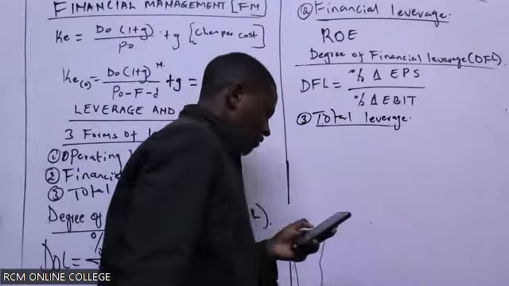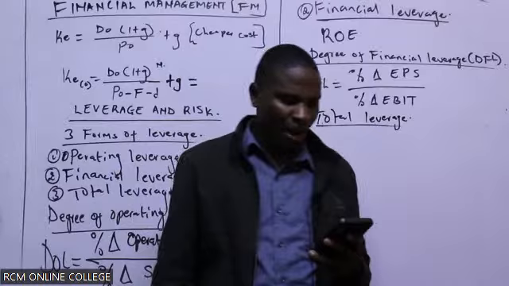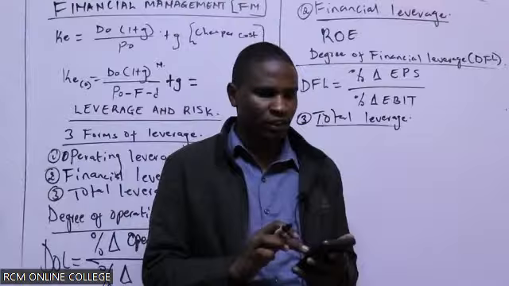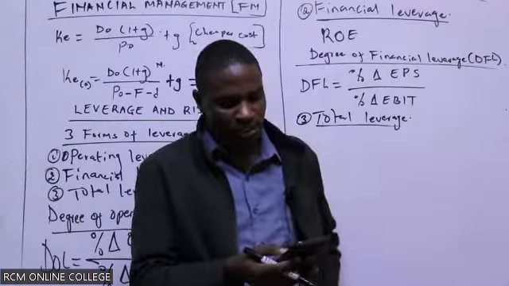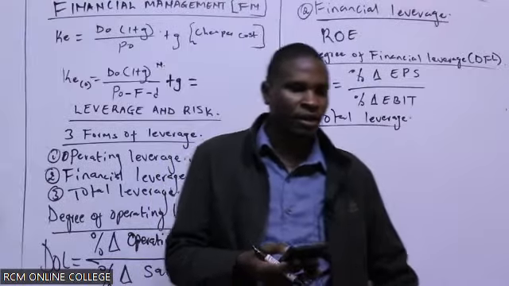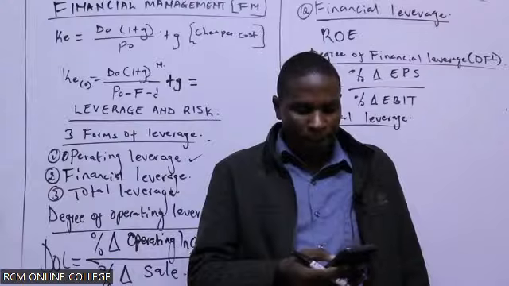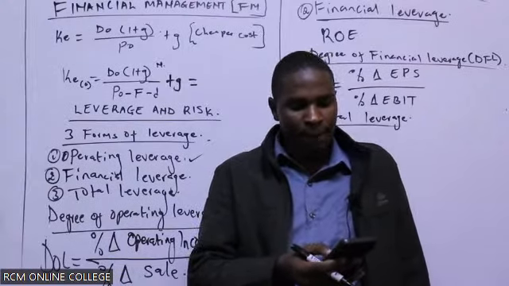So for the total leverage, you just say it is the combined effect of both operating leverage and financial leverage. For the last sentence we said, it's just a matter of picking the high level concept.